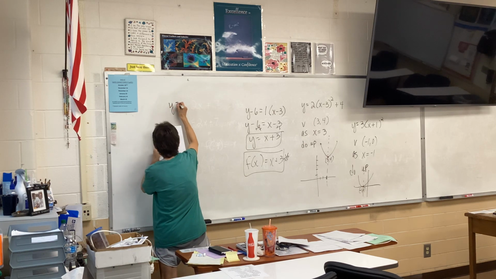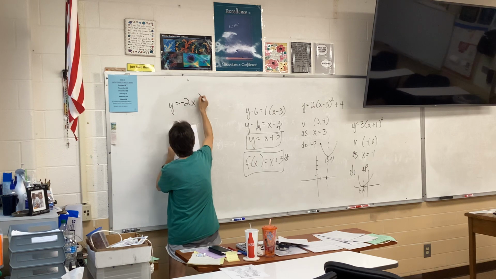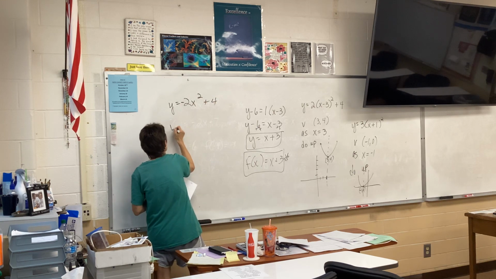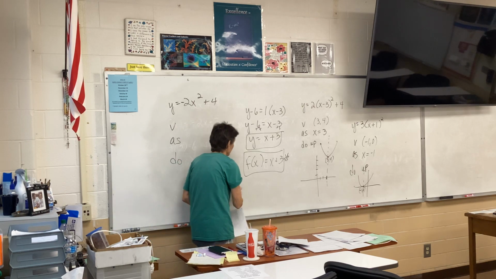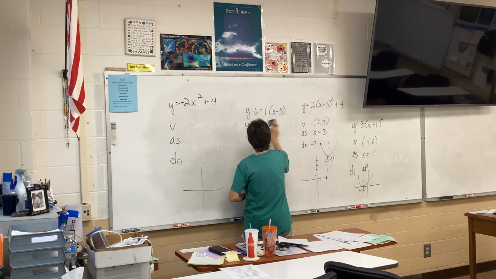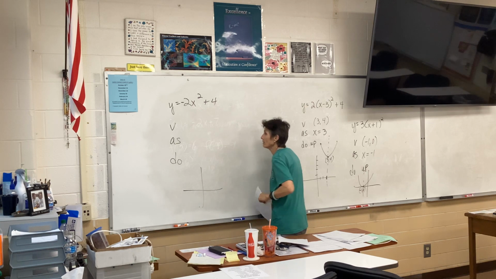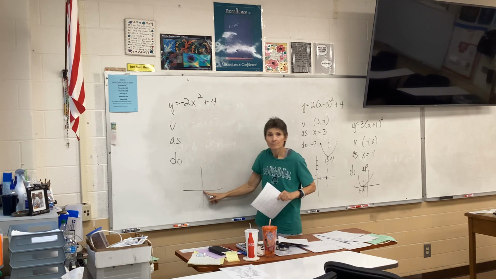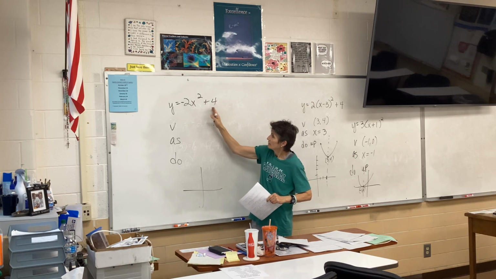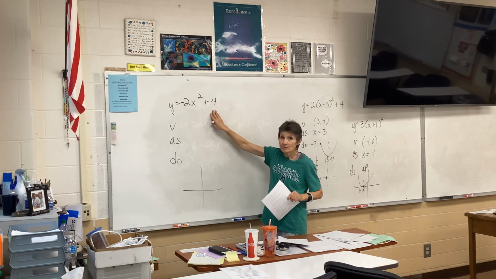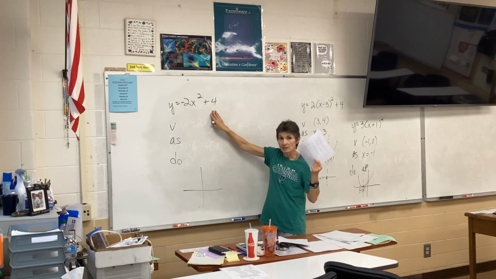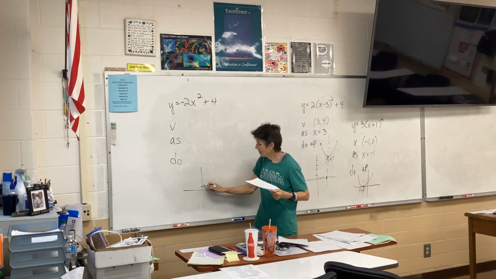All right, y equals -2x squared plus 4. How has this one moved? Remember, squaring functions start at the origin, but we move them around. Now notice, I got a plus 4 out here, but it's not in the parentheses, it's just plus 4. So this parabola has been moved up 4.